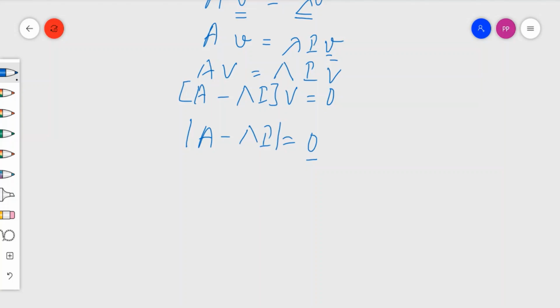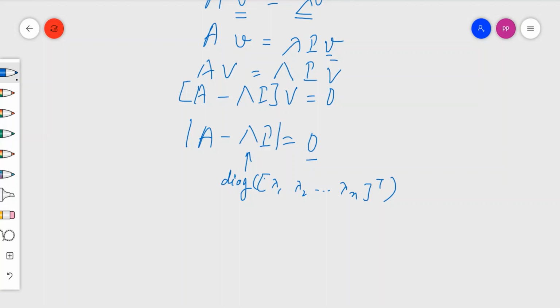We can understand that this diagonal matrix is diag of the vector lambda 1, lambda 2 up to lambda n transpose.